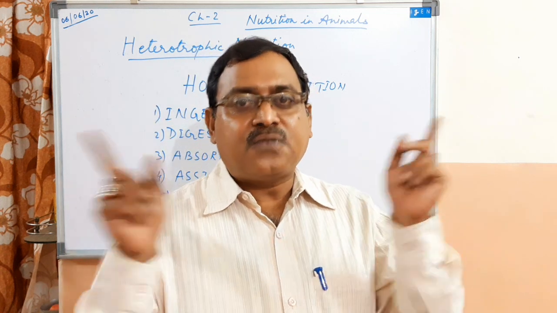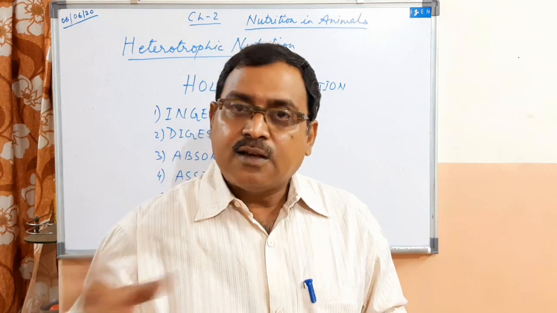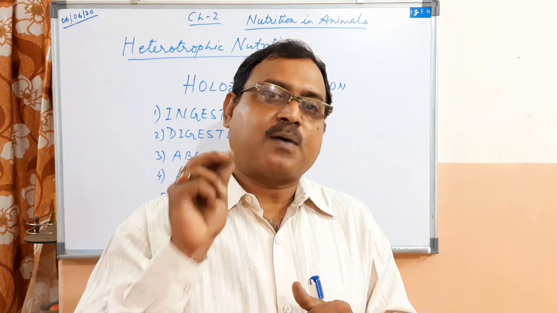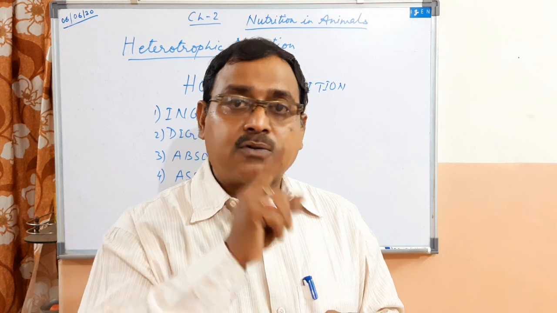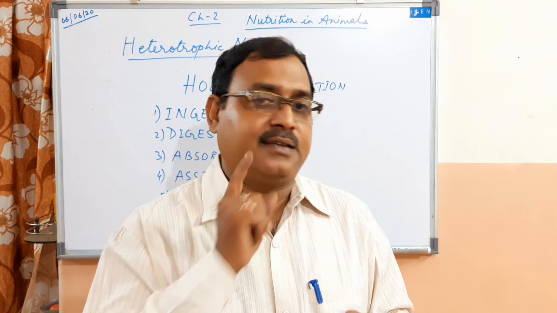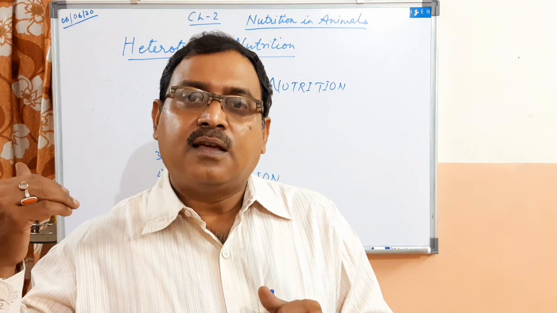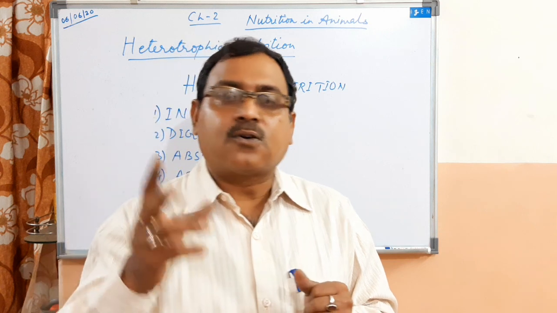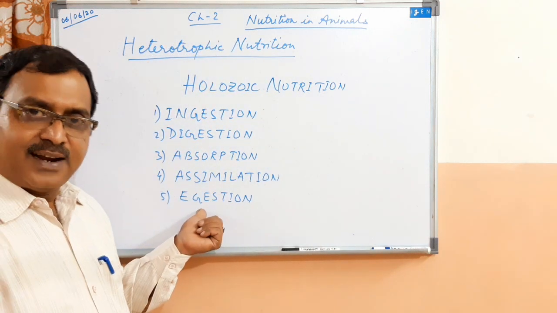And then this feces or the solid metabolic waste is removed from the body through the anus, the last part of the whole alimentary canal. The alimentary canal in man begins in the mouth and ends at the anus. So this solid metabolic waste is removed through the anus, and this is called as egestion, right?